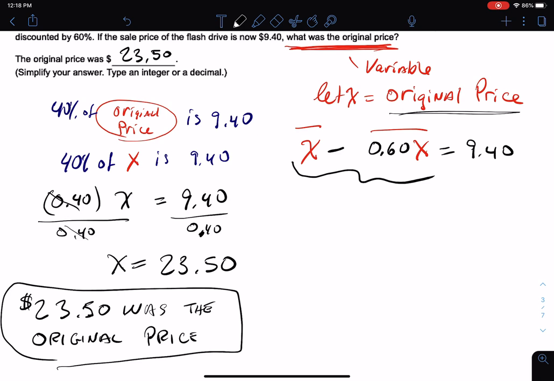This is a 1, or written as a decimal, 1.00, like a dollar, and this would be 0.60, like 60 cents. If you subtract those two, you get 0.40 times x equals $9.40, and that is exactly what I had back there. Okay, so this problem's done.